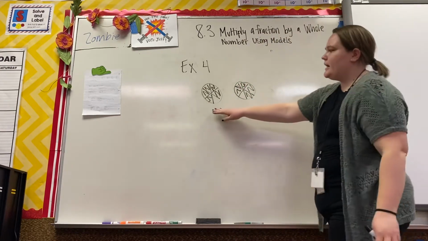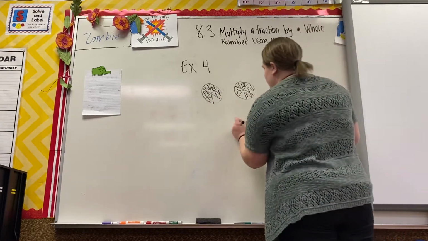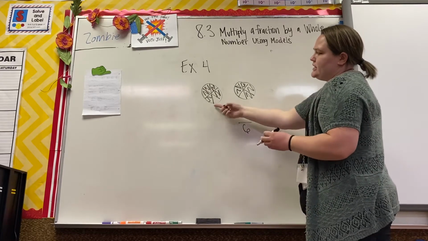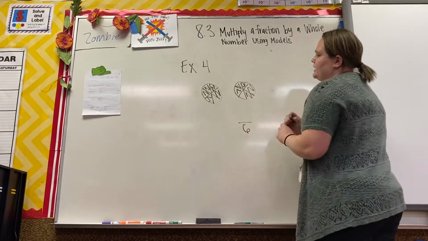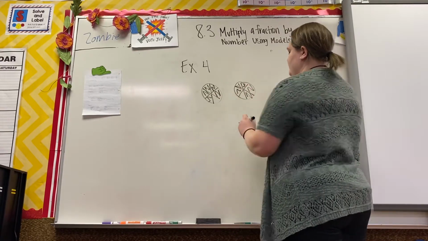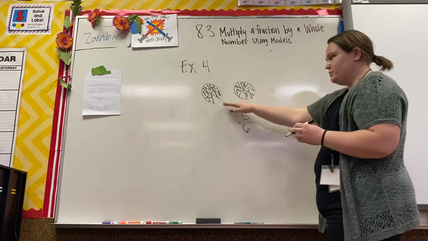Okay, I have 1, 2, 3, 4, 5, 6 all together. So I know that 6 is my denominator. And how many is shaded in each one? I have 1, 2, 3, 4, 5. 1, 2, 3, 4, 5. So I know that I have 5/6 in each group.